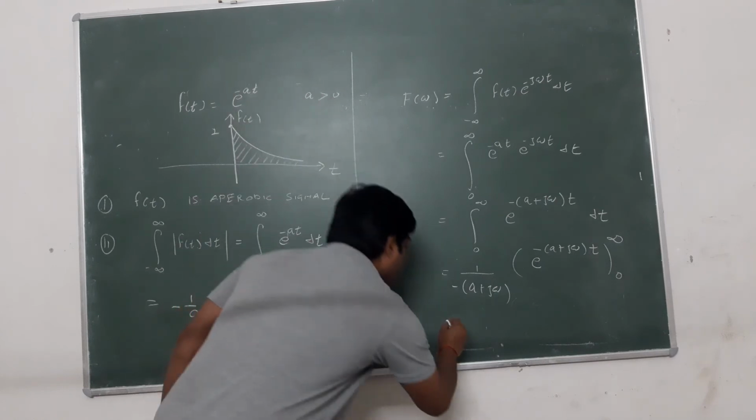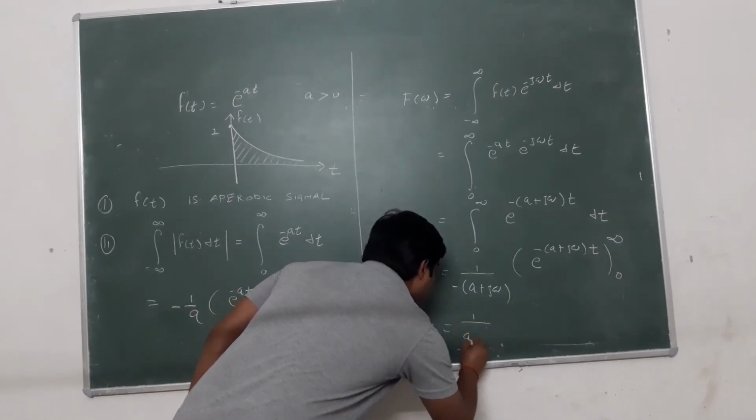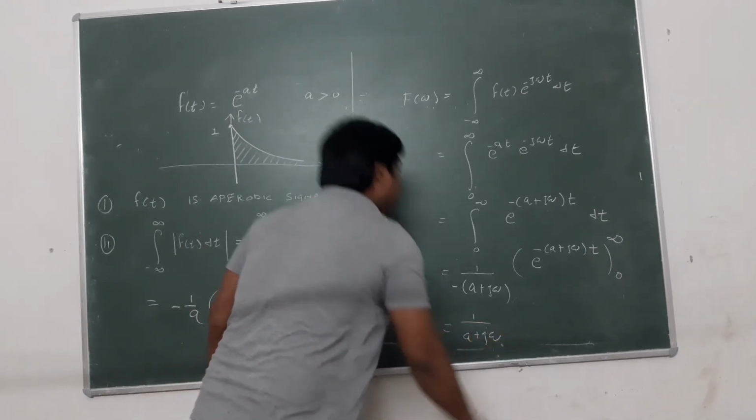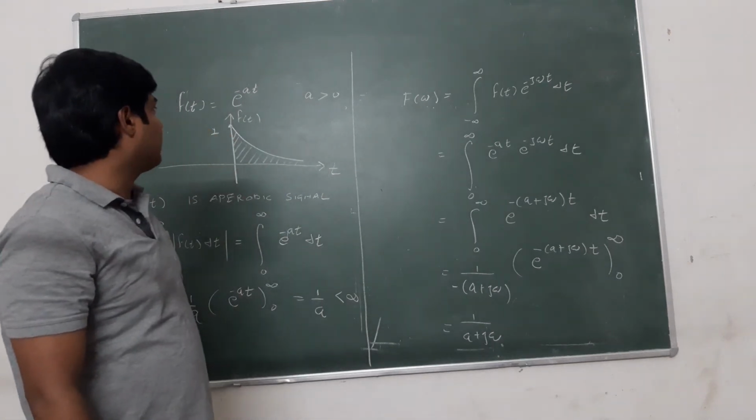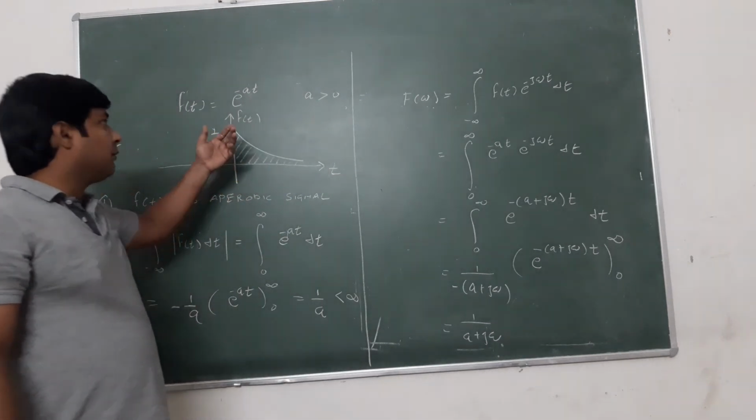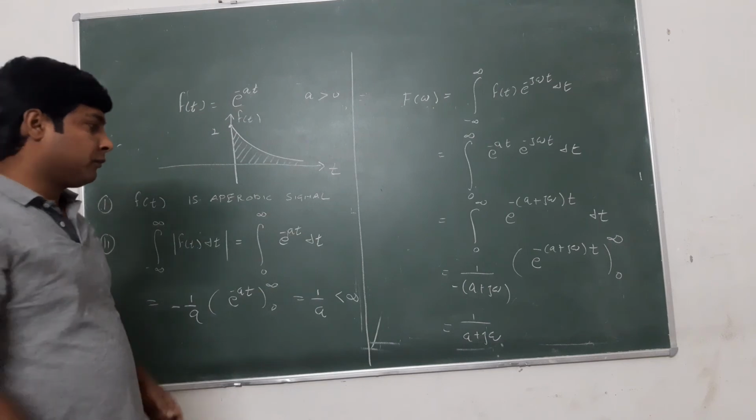So what is the Fourier transform? 1 upon a plus j omega. This is the valid Fourier transform for the signal e to the power minus at.